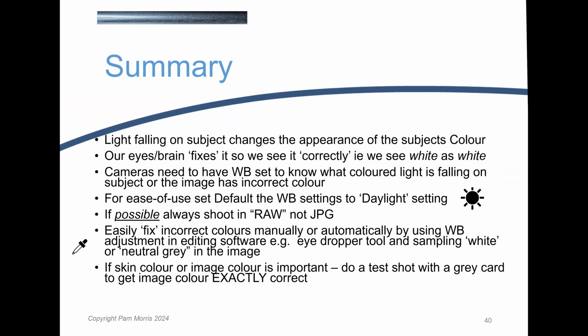So in summarizing what we've been talking about, light falling on the subject changes the appearance of that subject's color within the camera. Our brains don't see it, but the camera sees it, and that's why we end up sometimes with quite artistic photos, but sometimes with ones that we just go, the color's wrong. Cameras, we can set the white balance if we remember.